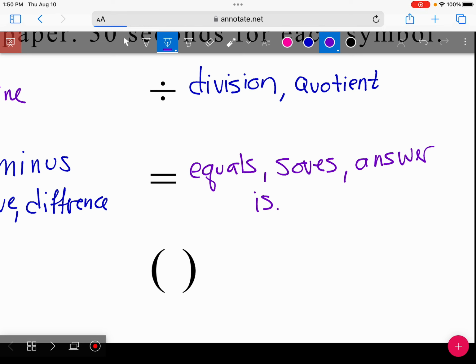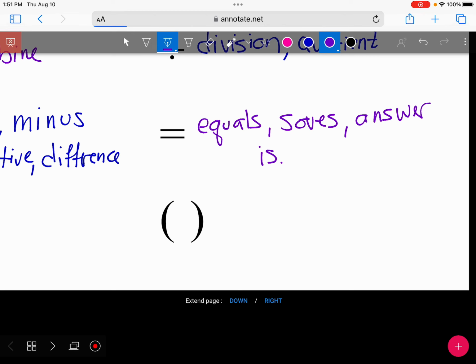Okay, and then our last one here, we've got PEMDAS, distribute, multiplication, times, multiply, parentheses. So this is our parentheses, which I'm probably spelling wrong. This will show up when we're looking at things in words, a lot of times with the group.